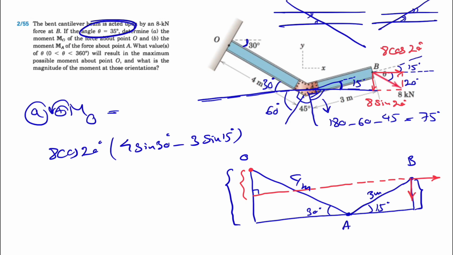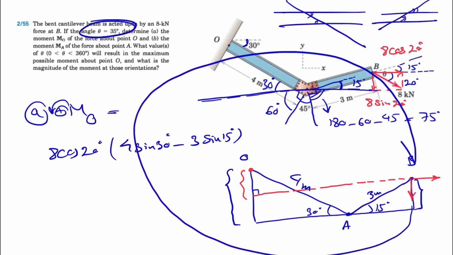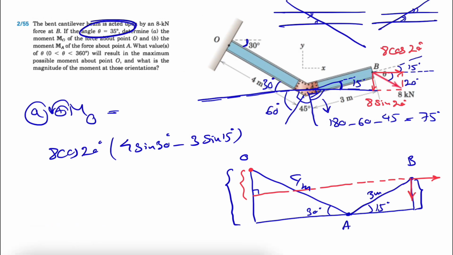So that's it for the x component of the 8 kilonewton force. And if we look at the y component, we can see that the y component is making a clockwise moment, so we have a negative sign in here, minus this time 8 sine of 20 degrees, and the distance that we have is basically what we have from here to here, or the base of the two right triangles that we have.